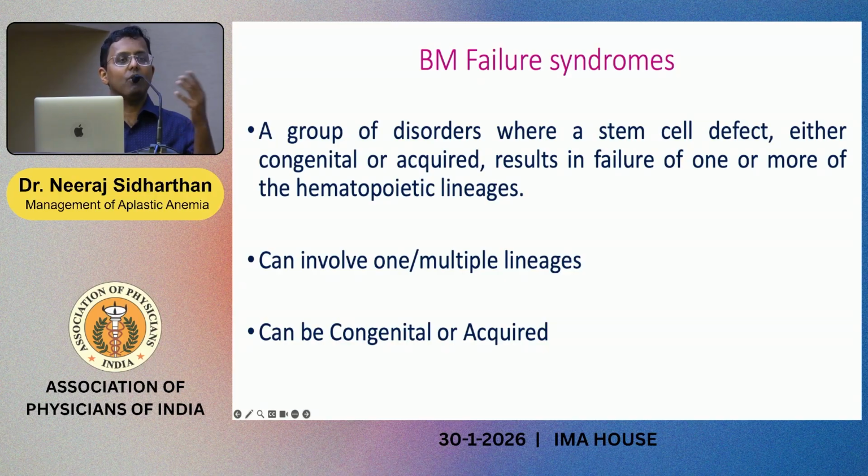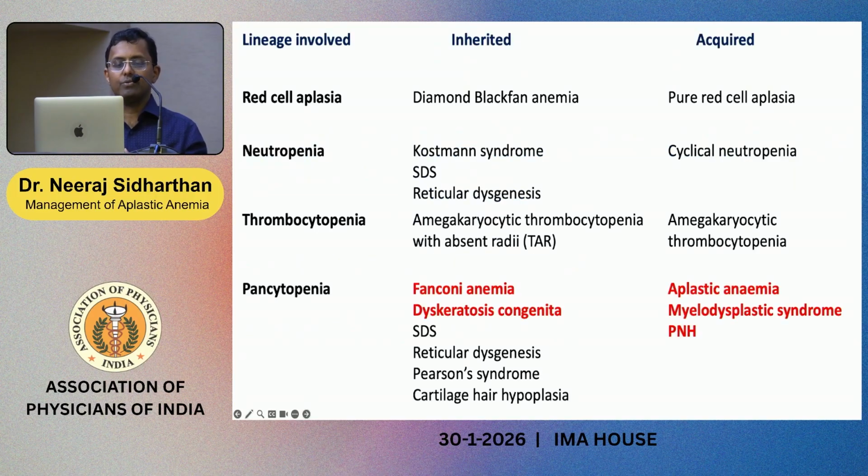And you can have all three lines affected in a bone marrow failure, or you could have even one line affected, or maybe two lines affected. So it can be a congenital and acquired also.